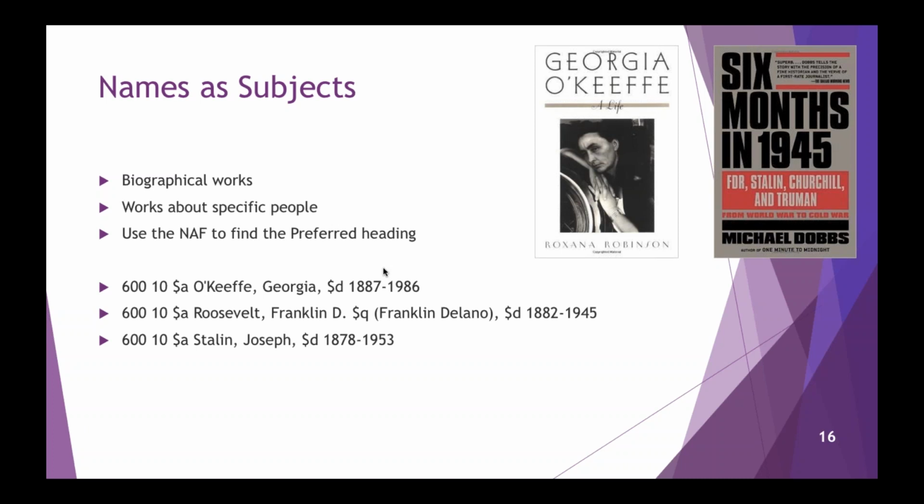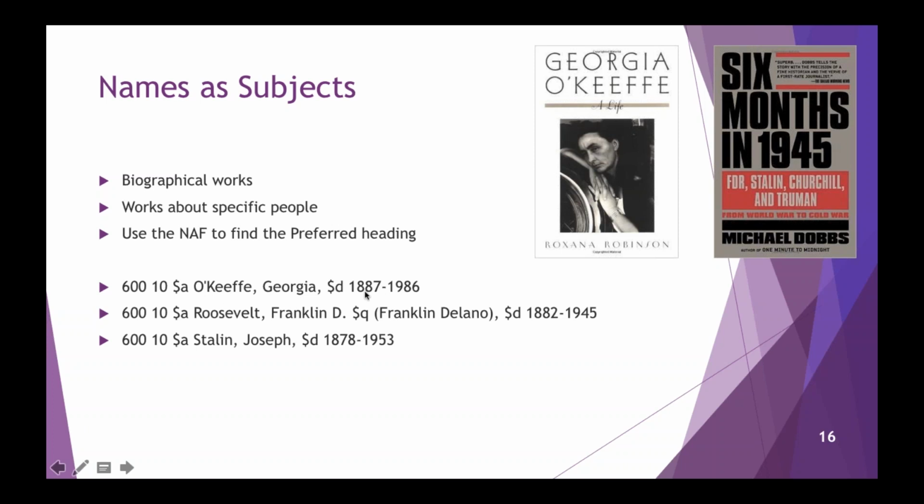So when that is the case, like this book here, Georgia O'Keeffe, A Life by Roxana Robinson, this is a biography, and our first subject heading has to be Georgia O'Keeffe. So we go to the name authority file, we look up O'Keeffe, and we find that the preferred form of her name is O'Keeffe, Georgia, 1887 to 1986.